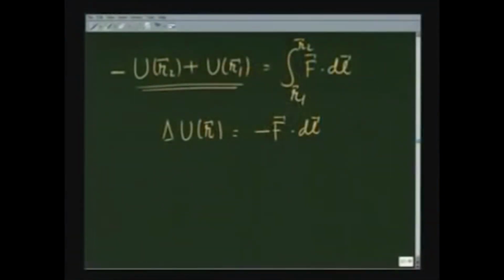Also, notice that it is the difference in the potential energy that has meaning. The usual practice is that you take a reference point R1 and put the potential energy to be 0 there and define the potential energy at all other points with respect to that point. Let us then take two examples for this.